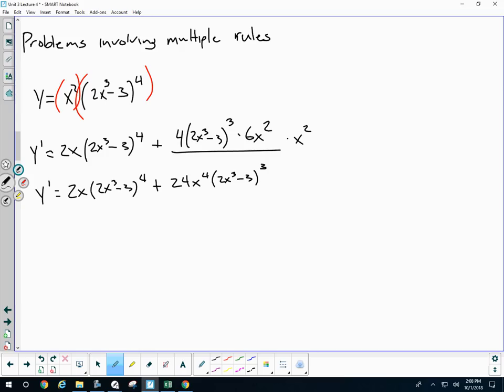And I look at my multiple choice answers, and I see that they don't want me to distribute everything. Instead, they want me to get answers that are products, like this times this times this, or something like that. Which means I need to take this, which is a sum of two different terms, and turn it into a product of multiple terms.